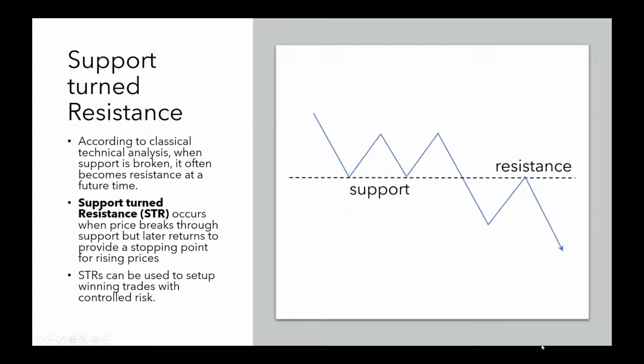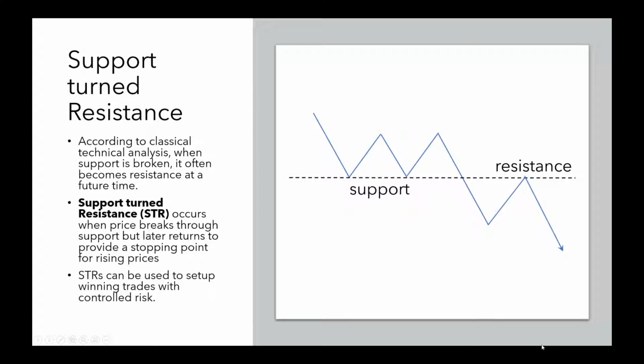As stated, areas of support, under certain conditions, namely when they're broken, can turn into resistance points. And we have what's called an STR for short, or support turn resistance. This is the concept.